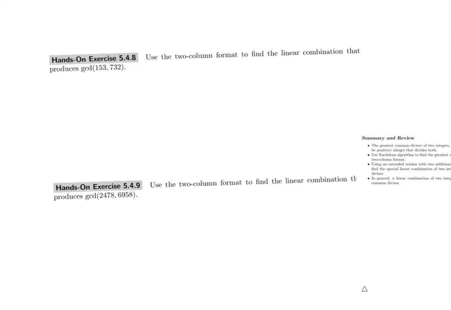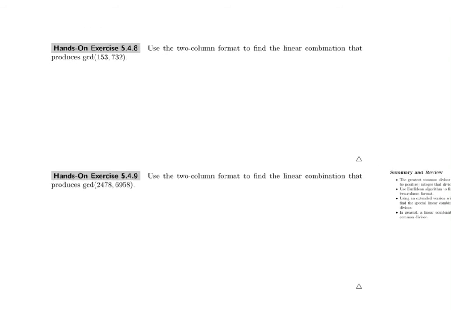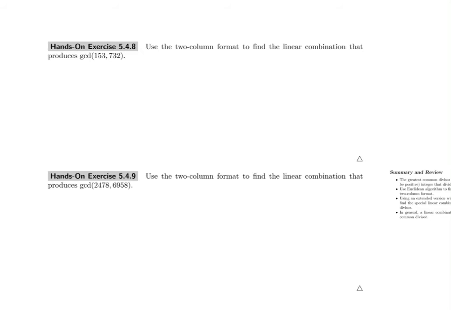Now, in the final video for this section, I want you to practice finding the linear combination that produces the GCD of two integers. I'm going to slightly change the instructions. This part here, use the 2-column format, I'm just going to put that in parentheses. That part is optional.